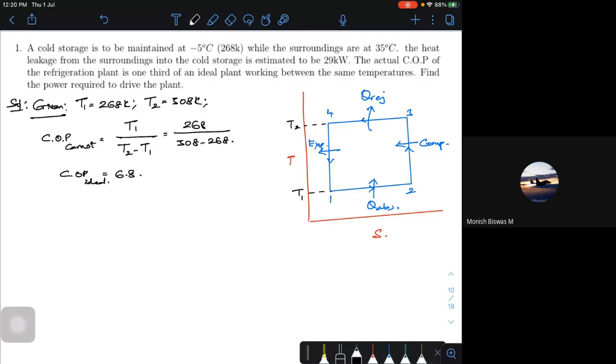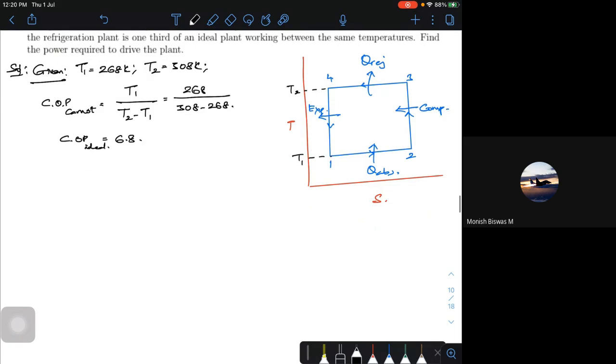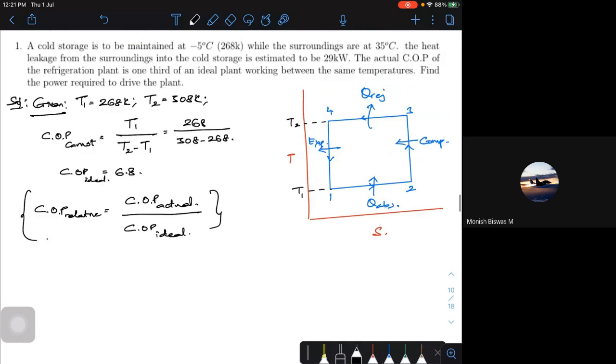There is something called the relative COP, which is the ratio of the actual COP of any engine or refrigeration cycle divided by the COP of the ideal or Carnot. For this problem, they are telling us that it is 1/3 of the ideal.